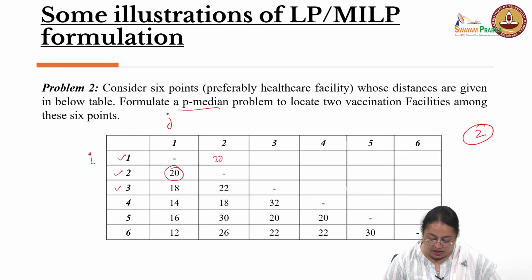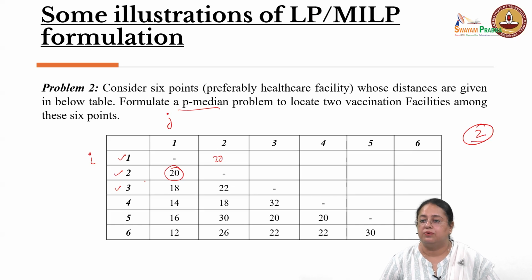Here, one thing is that I want to locate two facilities, and another is that I want to allocate the facilities.